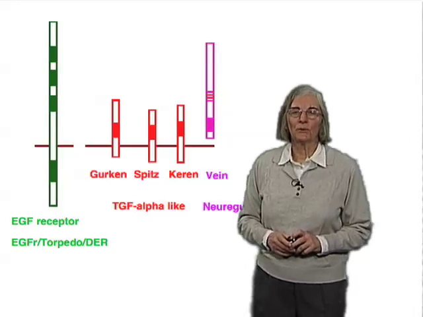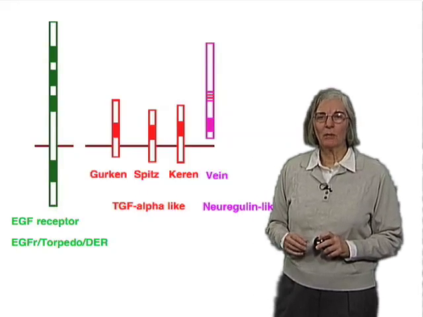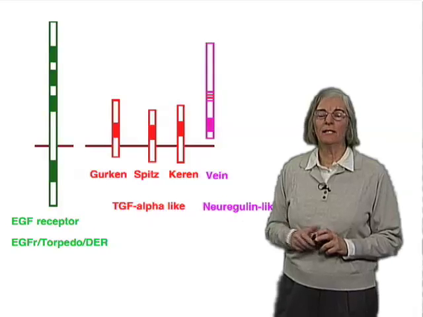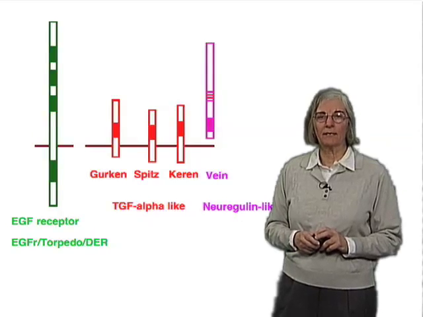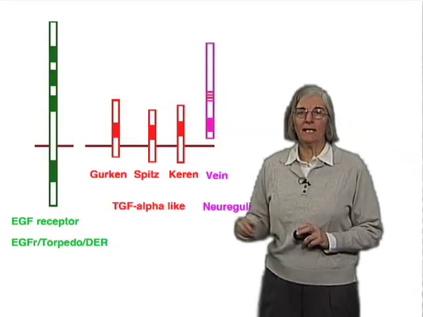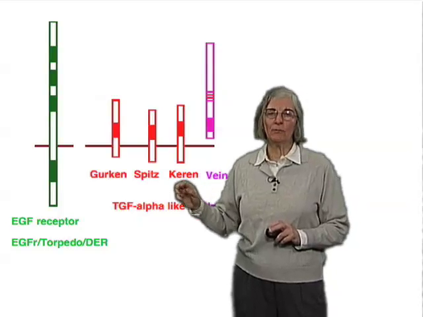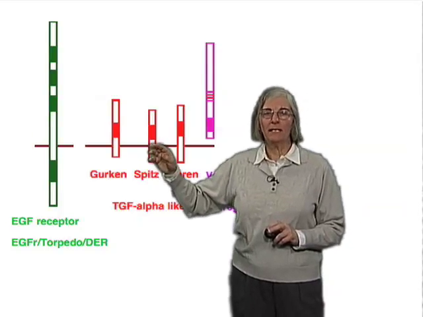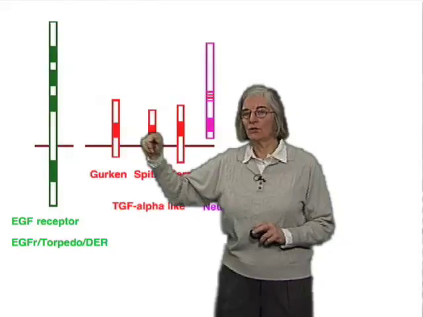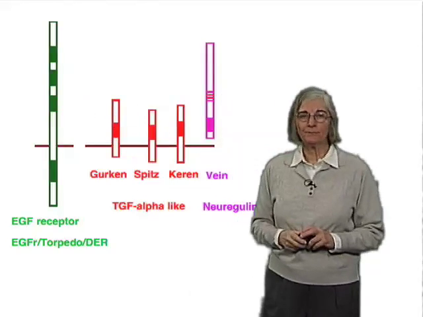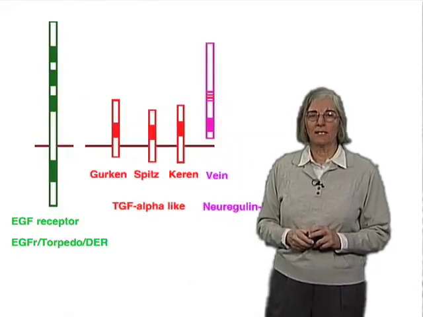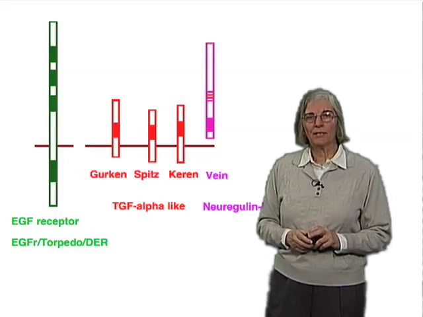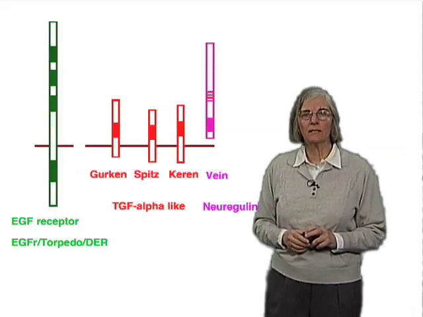The Gurken molecule encodes a signaling molecule of the TGF-alpha-like family of growth factors. It can be released from the oocyte and then binds and activates the Drosophila EGF receptor, which is a large transmembrane receptor that sits in the membrane of the follicle cells.